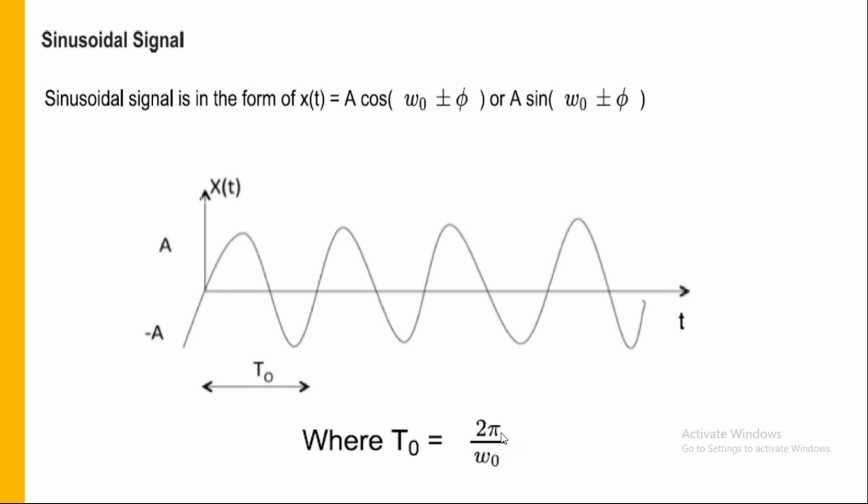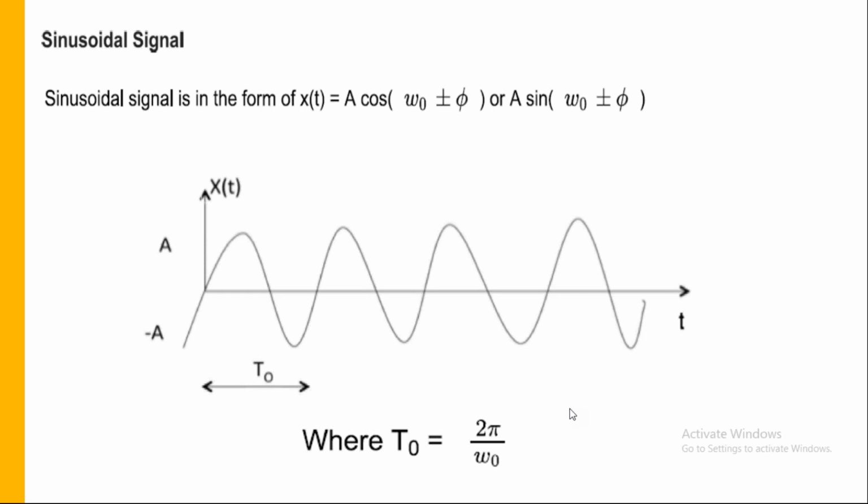Try to understand. You can write omega as 2 pi f, and f you can write as 1 by T. So please try to understand, I'm going to use all mathematical equations here. If you want, you can put a notebook and write it.